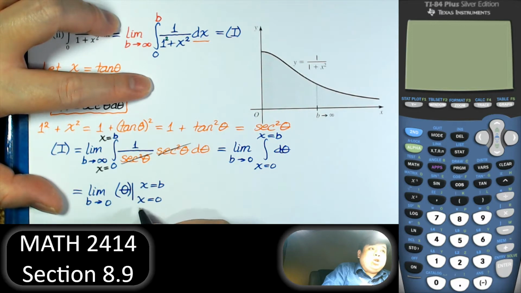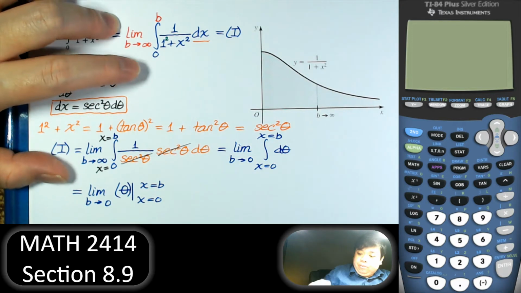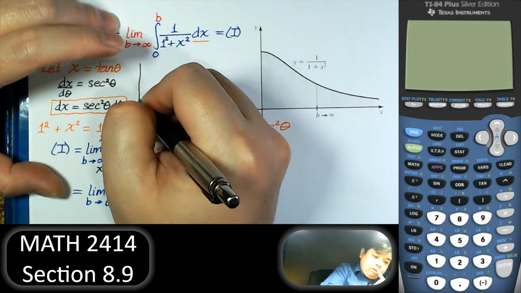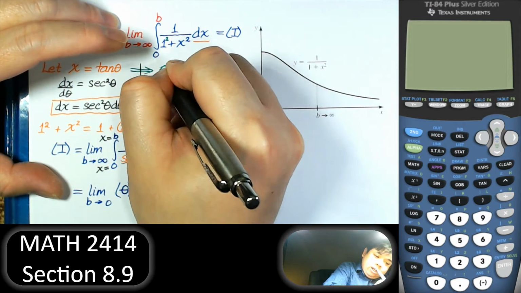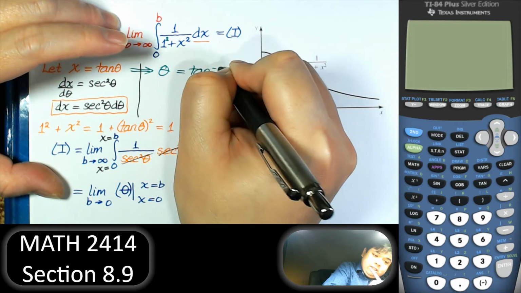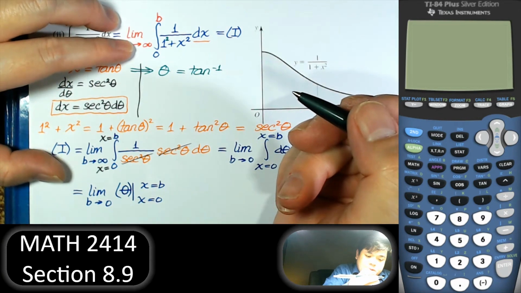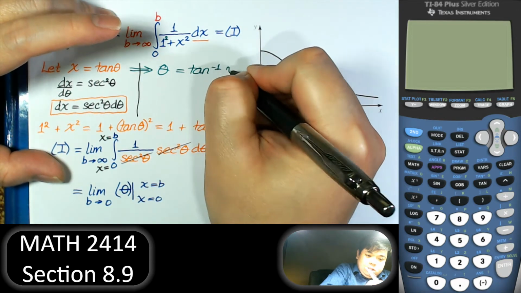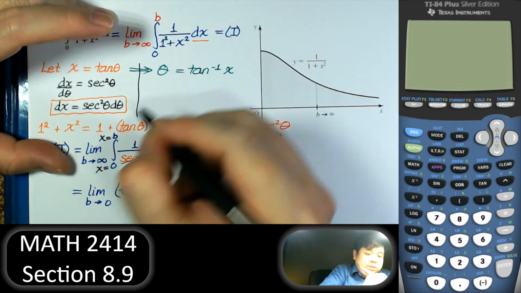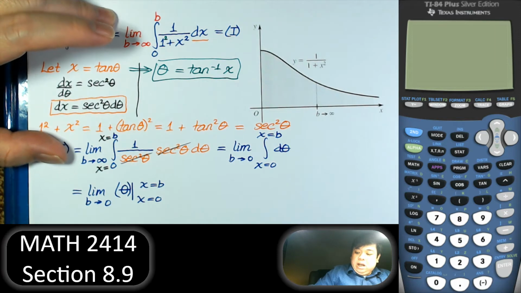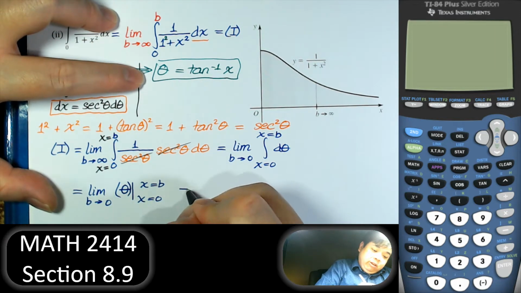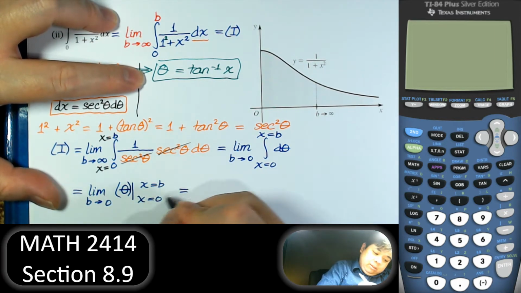This is not theta, so we cannot substitute in directly. But it's simple enough though. If x equal to tangent theta, so theta is equal to tangent inverse of x. We have to substitute back in terms of x before we substitute the limits.